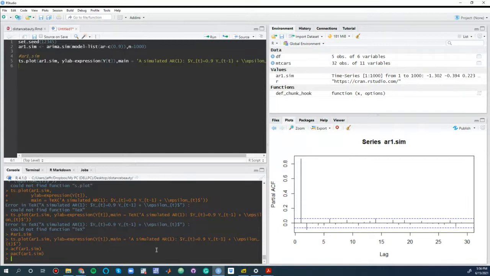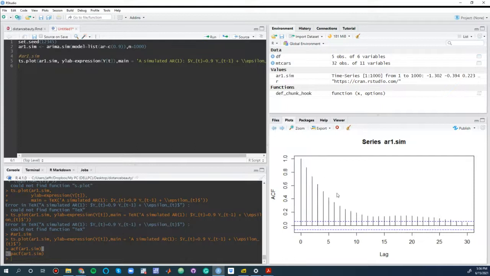So what are the salient features right now we see from AR1? From the ACF, let's go back to the previous graph. The ACF of the AR1 decreases gradually, and that is intuitive. Why? Because the AR1 process highly depends on the previous outcome, right? So the autocorrelation function will not decrease suddenly.